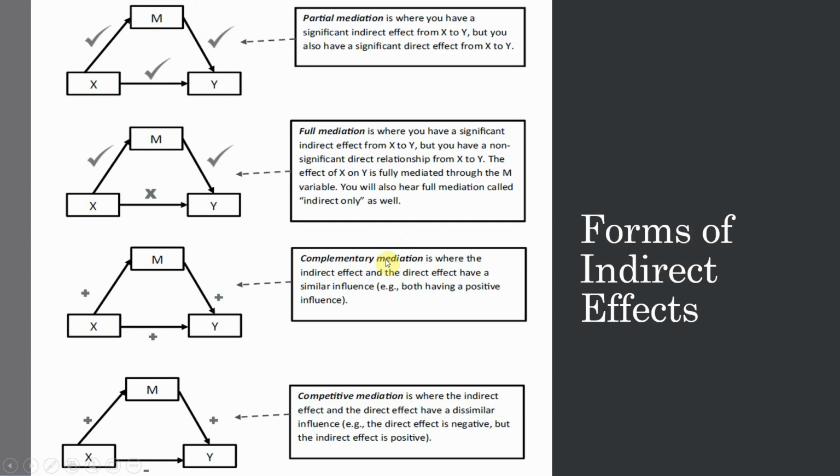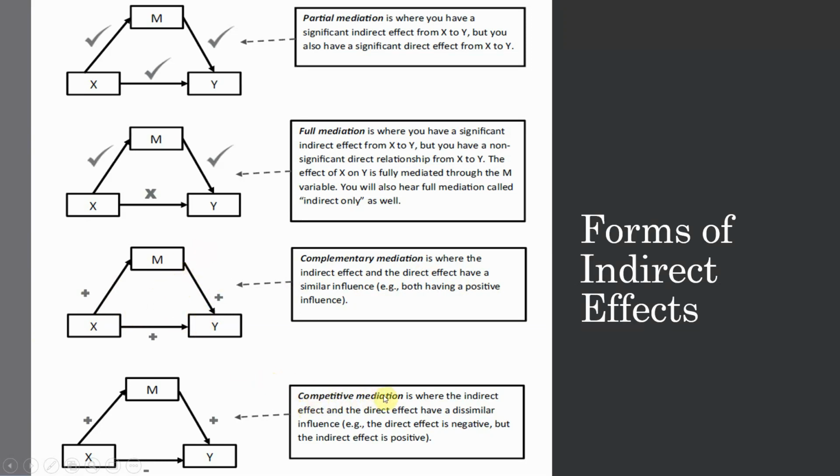So what is complementary mediation? Complementary mediation is where the indirect effect, that is the effect passing through M, and the direct effect, that is the impact of X on Y in the presence of the mediator, both have a similar influence. For example, both having a positive influence. In this case, we call it complementary mediation.